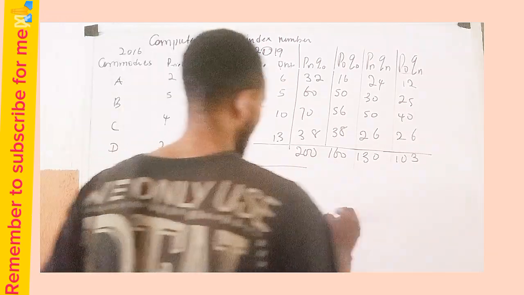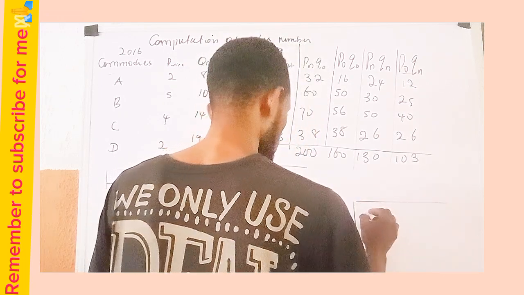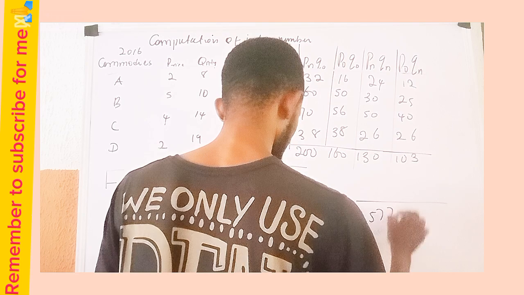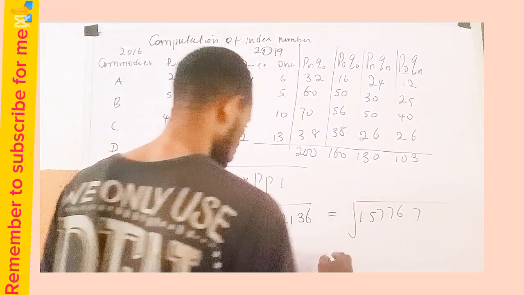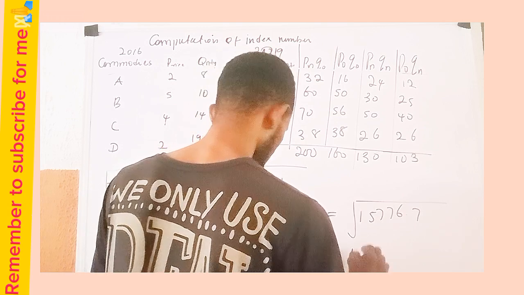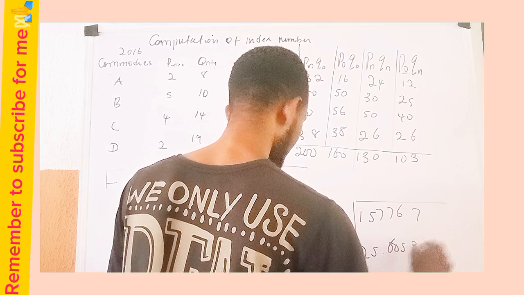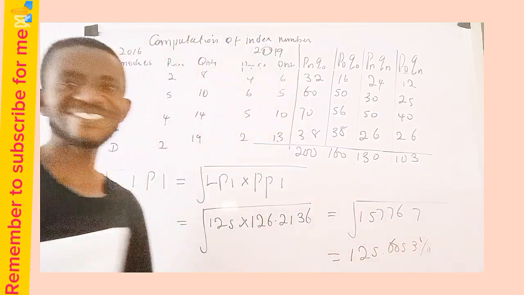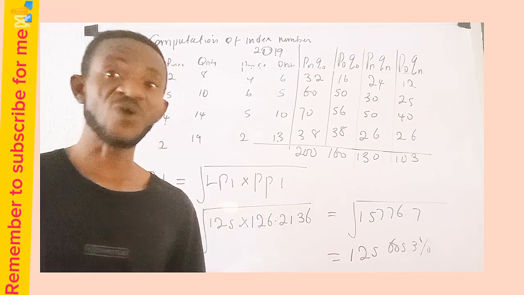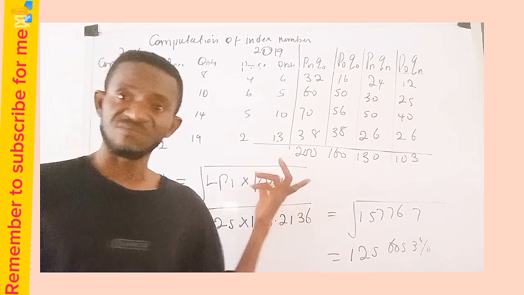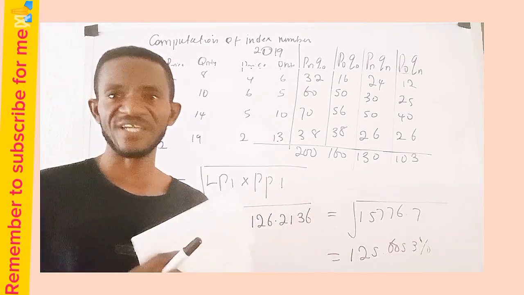When I multiply this out, the value I had was 15776.7. And when I took the square root, what I got was 125.6053%. This is the Fisher's ideal price index, which is gotten by the geometric mean of the Laspeyres and that of the Paasche.